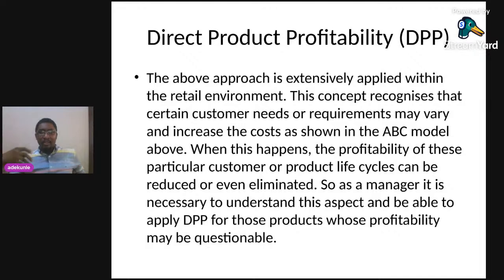The concept recognizes that certain customer needs or requirements may vary and increase the cost, as we can see in our ABC model. When this happens, the profitability of this particular customer or product line can be reduced, or even eliminated.